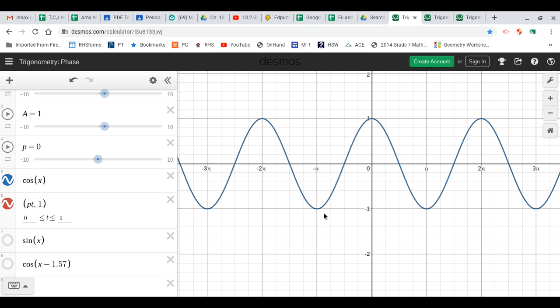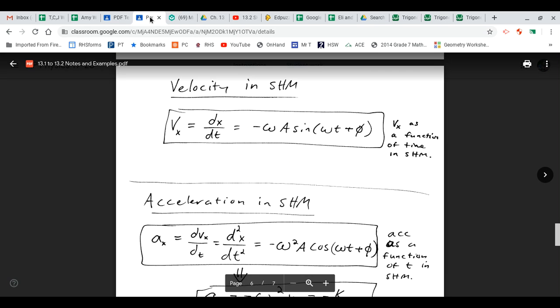So what we could see here is I have up right now showing in blue the most basic cosine function possible. All right. So y equals cosine x. On Desmos, it doesn't let me make the x variable t like it's shown in our notes.